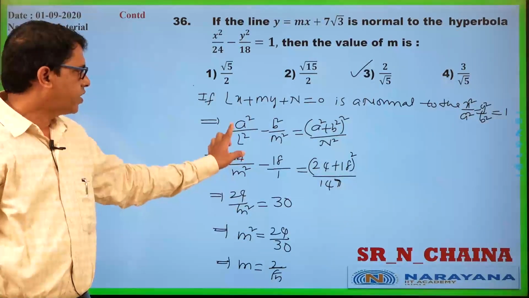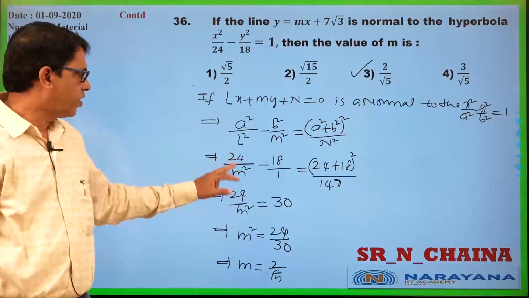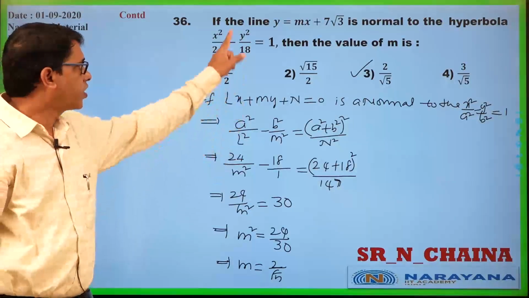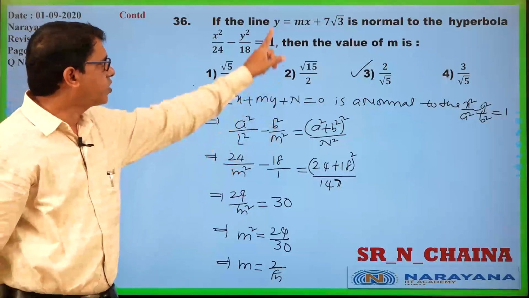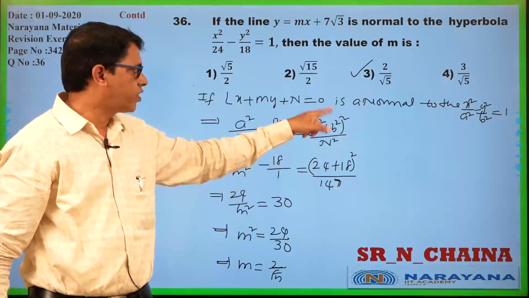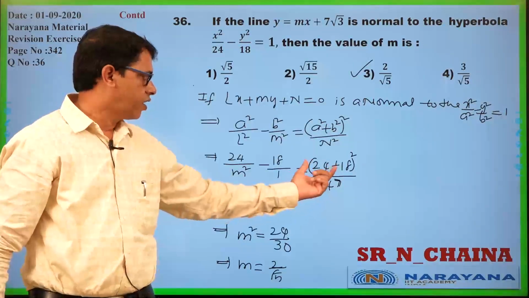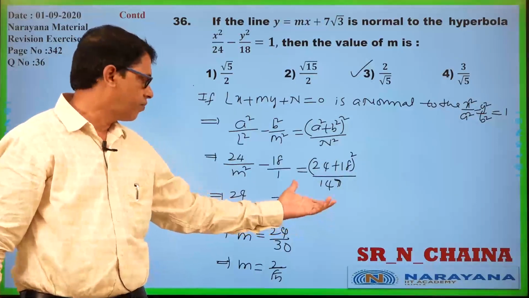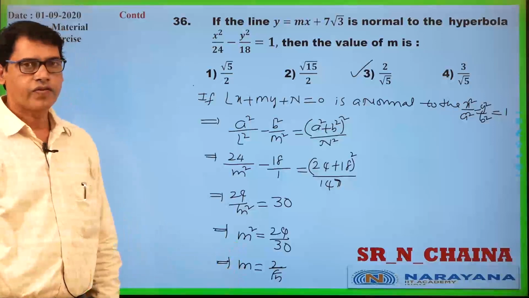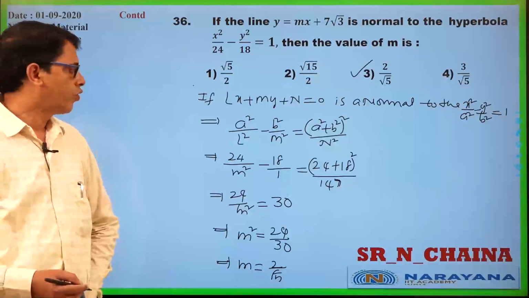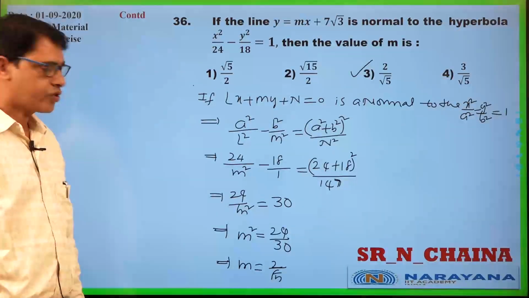Applying the values: a square 24, b square 18, equal to a square plus b square whole square by n square. 42 whole square divided by 147 becomes 12, take 18 to the other side, 30, then the value of m will be 2 upon root 5. Okay, then go to the next question.